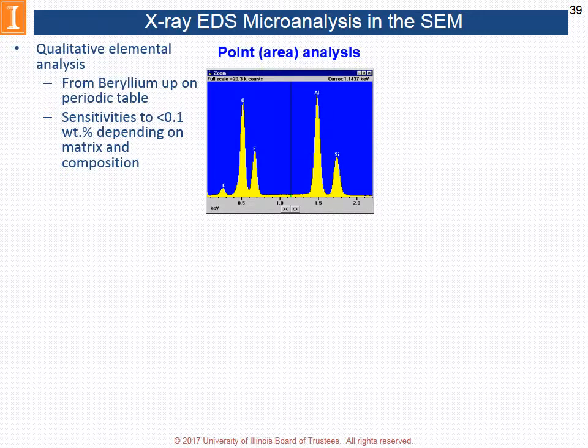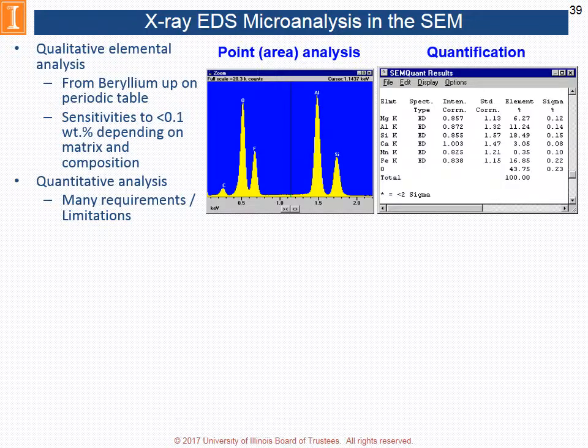Using EDS, we can do qualitative elemental analysis from a point or an area. Elements that can be detected are from beryllium up on the periodic table. The sensitivity can be smaller than 0.1 weight percentage, depending on the matrix and composition.